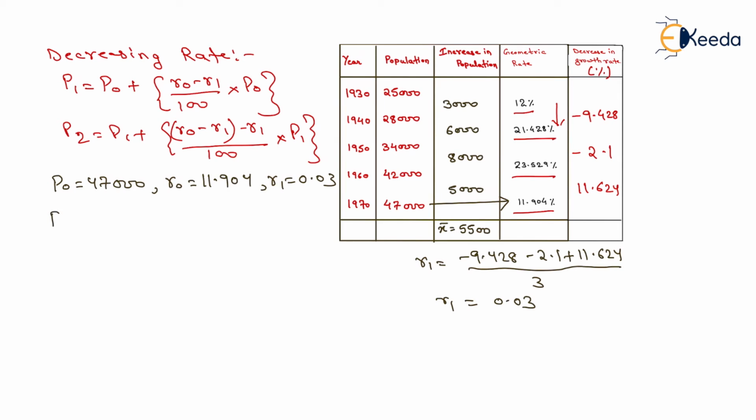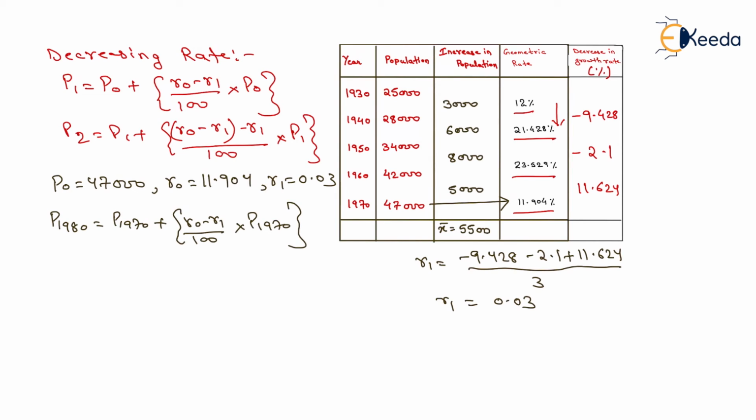Now we need to determine the population of 1980. So we write the population of 1970 plus R naught minus R1 upon 100 into the population of 1970.